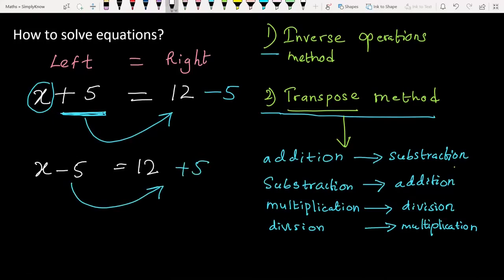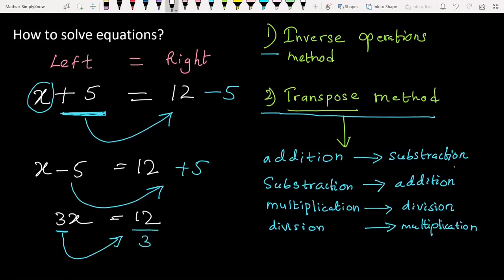If you have, let's say, 3x equals 12. Now what happens? Here we have a multiplication. So when we transpose this or transfer this, it will become a division, which means 12 divided by 3.